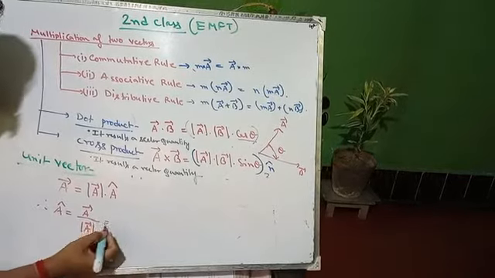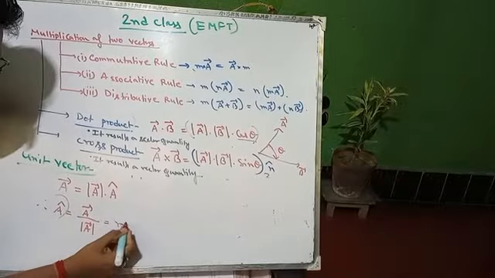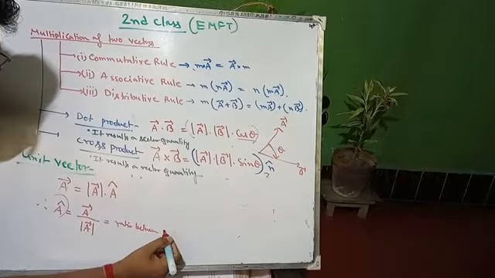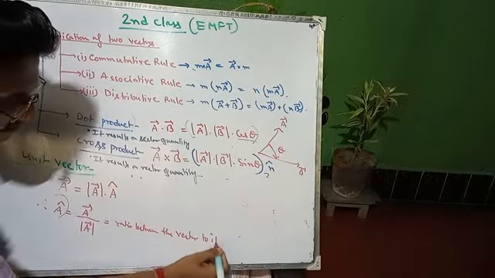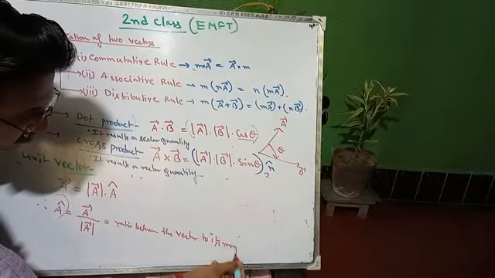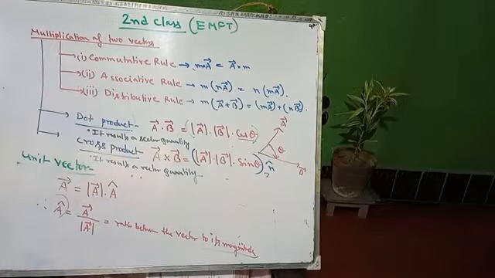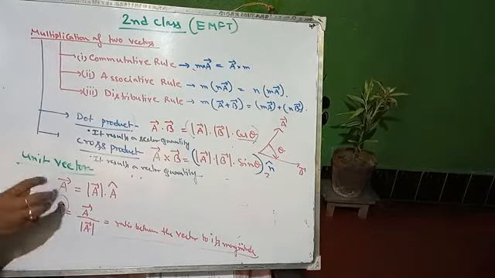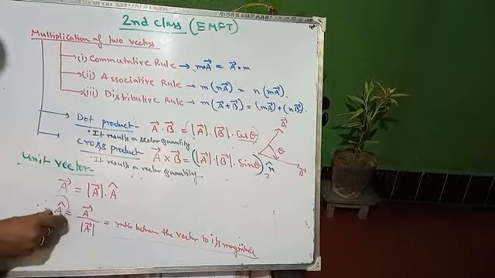So can we represent it as the ratio between the vector and its magnitude, right? The ratio between the vector and its magnitude is the A cap. So A cap means the unit vector.